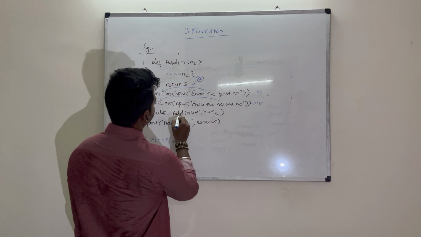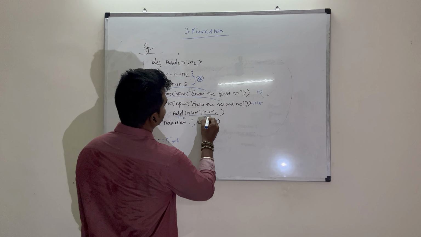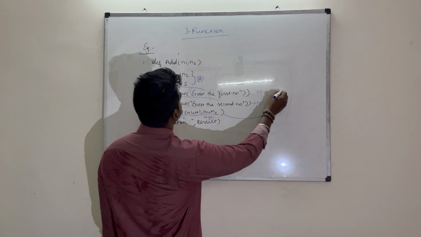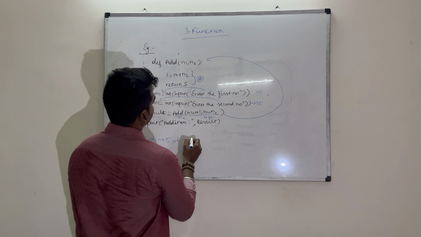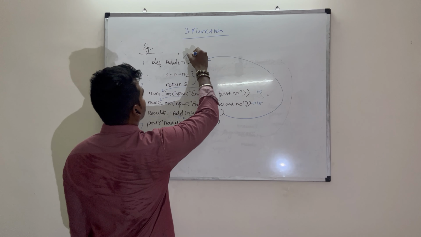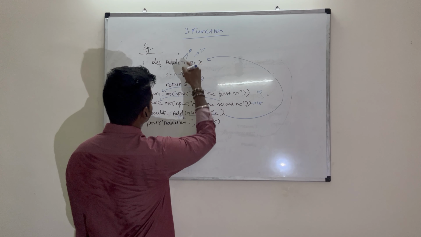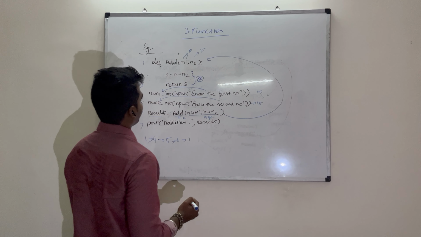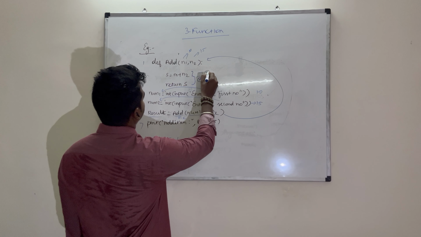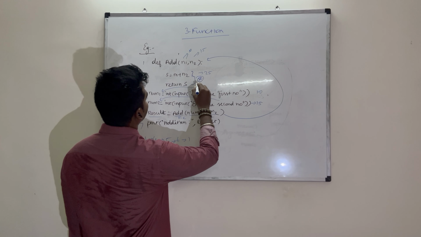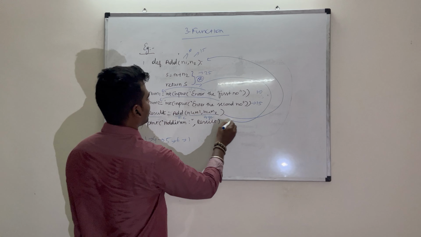Result equal to add is the function call. So num1, num2 are the arguments, as I already explained, and they have to be passed here. Next, line 1 will be executed. So n1 is 10 and n2 is 15, passed into the parameters n1 and n2. So s equal to n1 plus n2, which is 25. The return statement, return s: the value 25 is transferred back to the call.